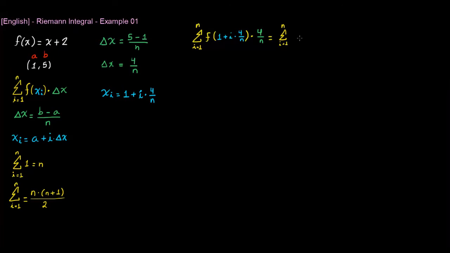So instead of this x, I'm going to be substituting this 1 plus i times 4 over n, plus 2. This is the f of x. Remember, this plus 2 stands for this f of x. Just substitute the x for the value of x of i.